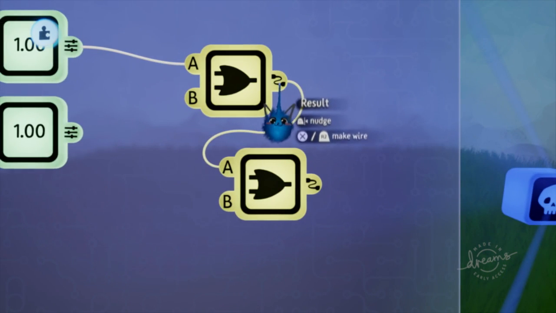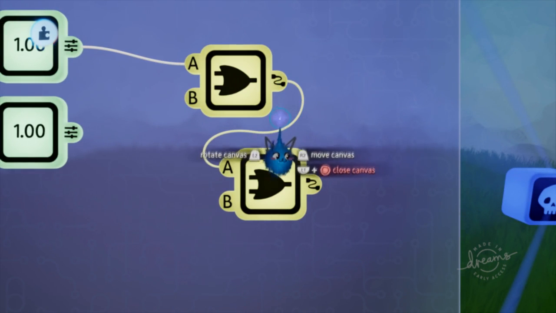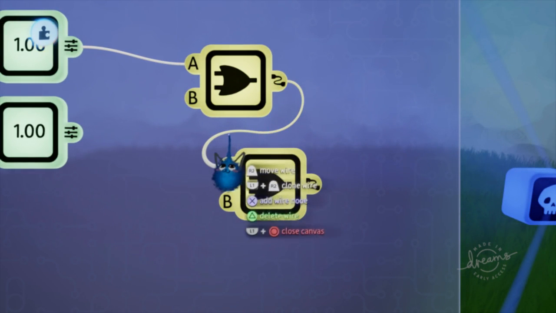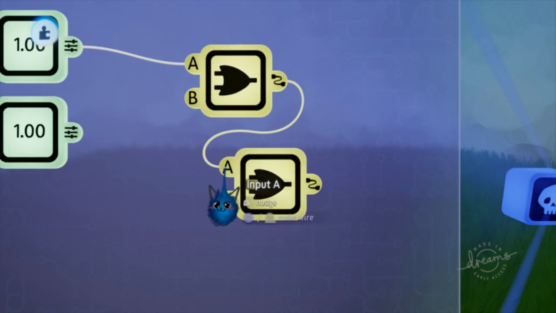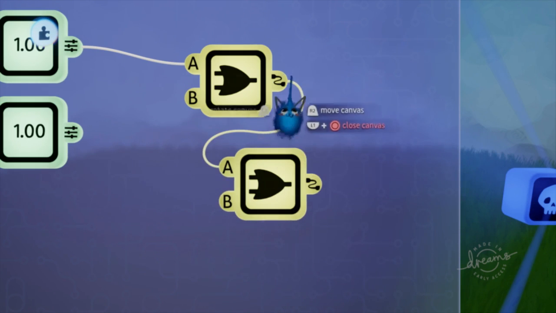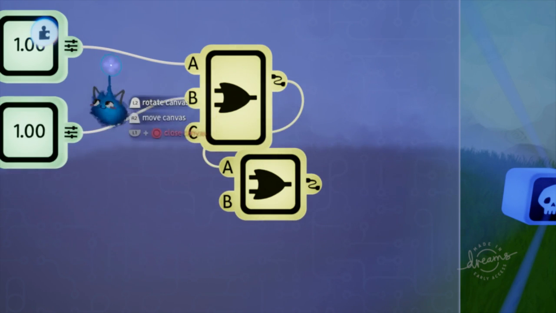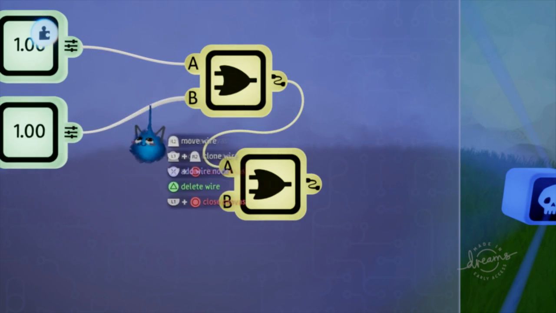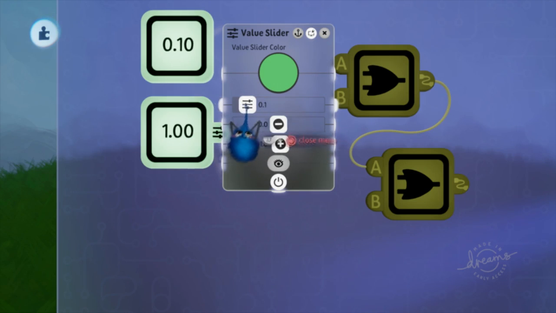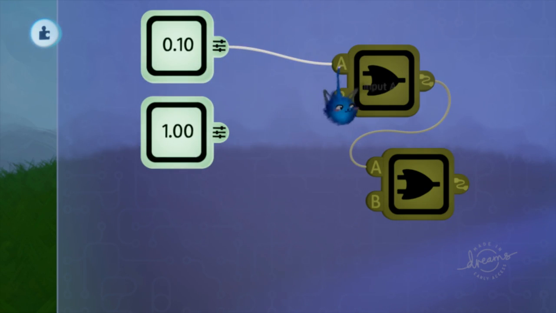It is also equivalent to 0 and 1, where 0 is false and 1 is true. And that outputs into this other OR gate just to show that it is outputting when it has a value greater than 0.